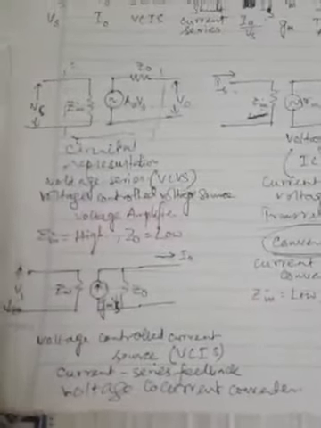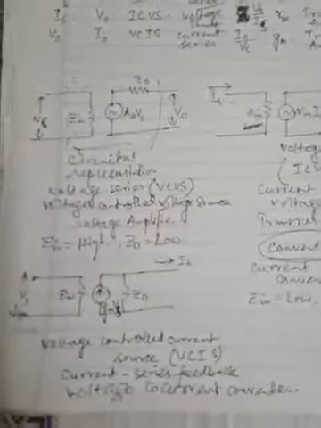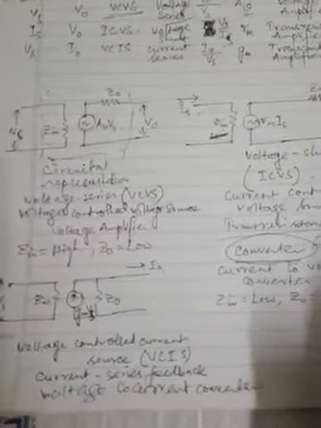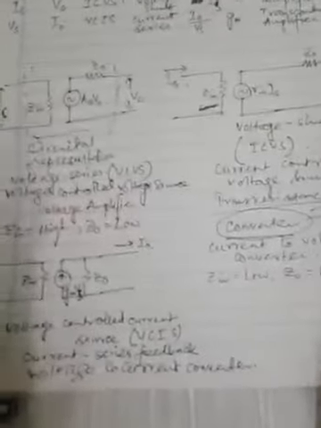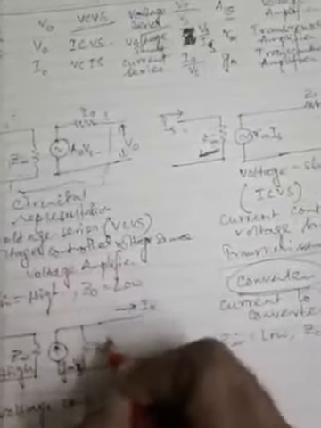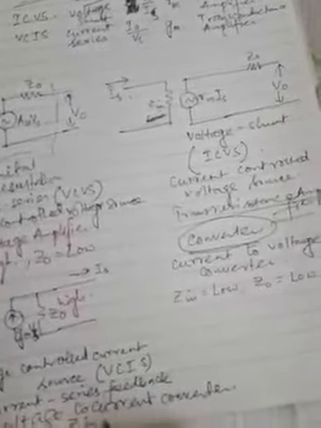And if we consider the effect on input and output impedance for this type of topology, we should get that both should be high. So Zin is of high value and Zo is also of high value. For a voltage to current converter, Zin is high, Zo is high.